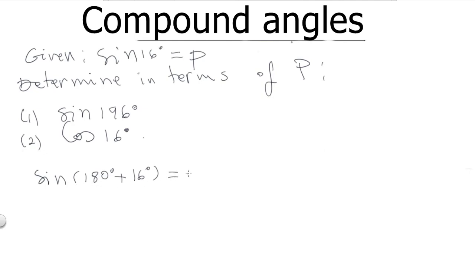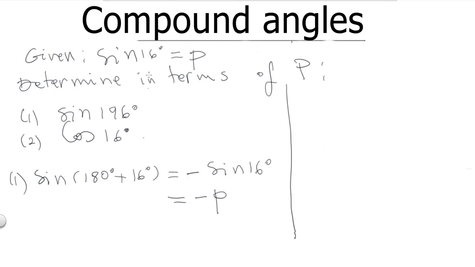It's the third quadrant. Only tangent is positive, meaning that we have a minus sine of 16 degrees. Now here sine of 16 degrees is what? P. So our answer is minus P.